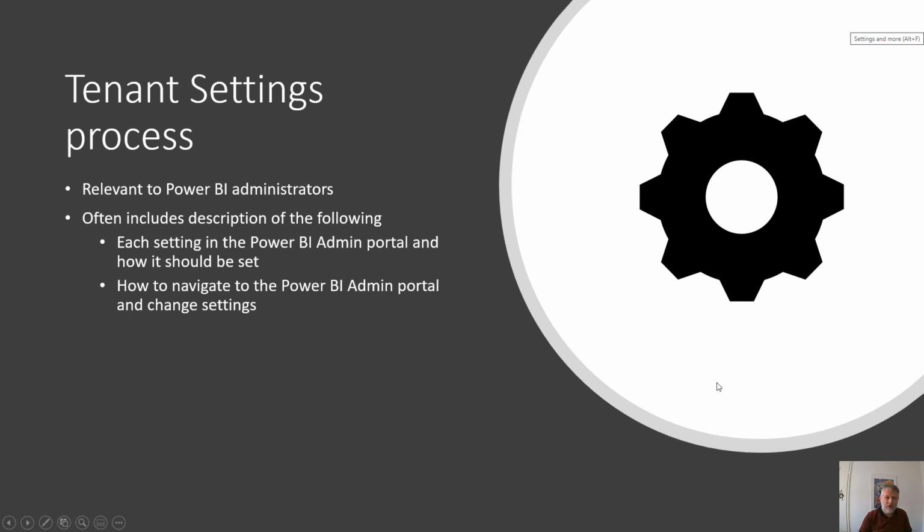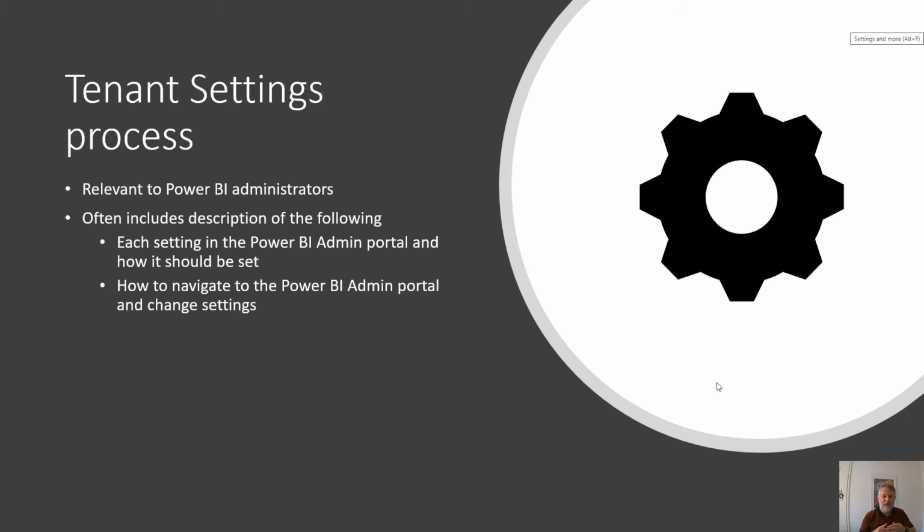So the last process, maybe it shouldn't be called a process, maybe it's just documentation, is a document where you write down all the settings of your Power BI admin portal. So the tenant settings: you write down each and every setting, what is set on, who has access to it, and all these different things. Now, there are something like 50 or 60 settings, so it's quite a bit, but you need to write all of them down.